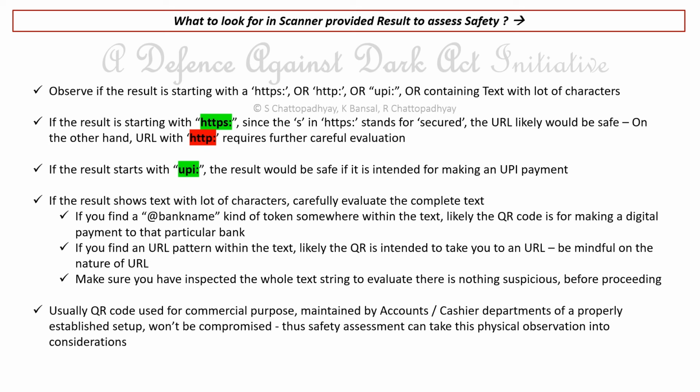So you can make those physical observations as well, and accordingly figure out whether it really needs a second level of safety assessment or not. And if that requires a second level of safety assessment, you should be ready with the right kind of applications. This is how you can make sure that you are not getting trapped in a QR code related scam.